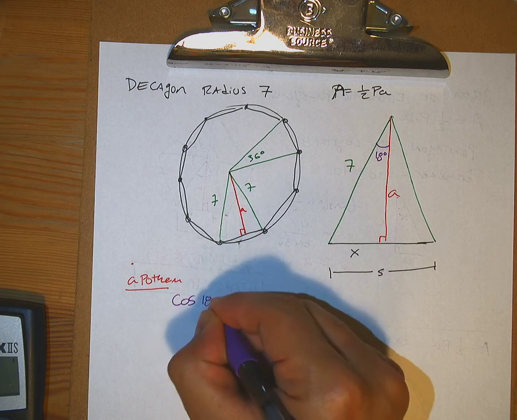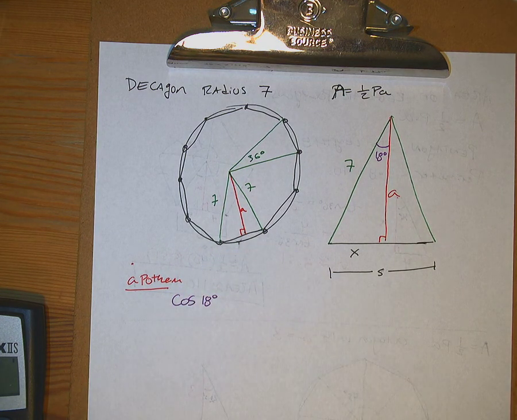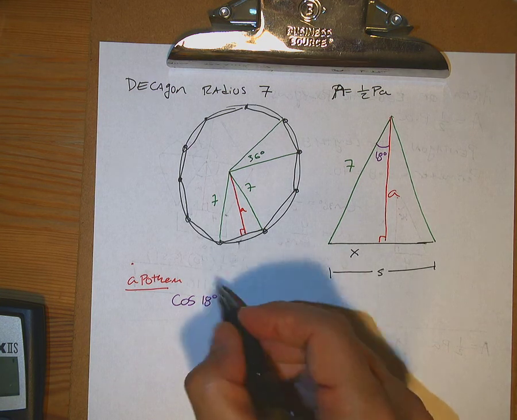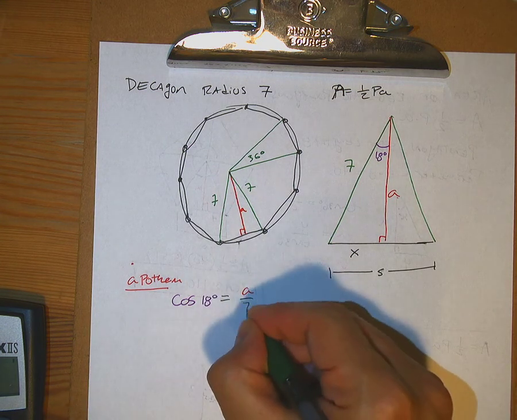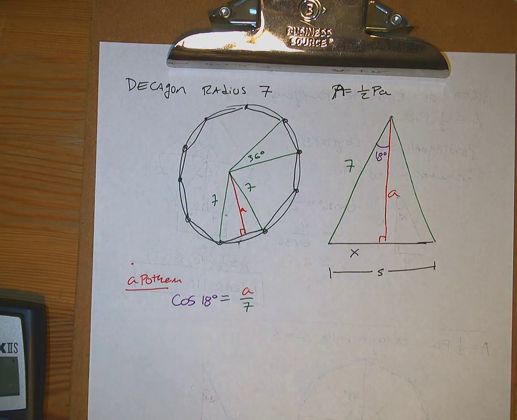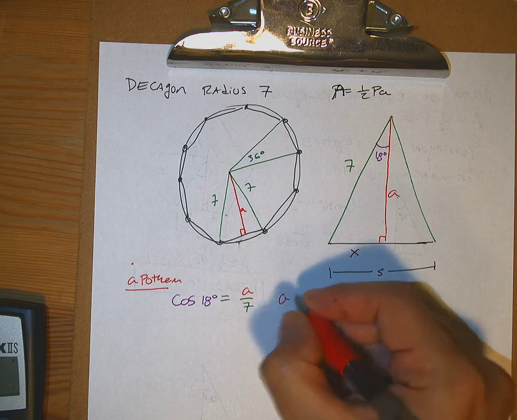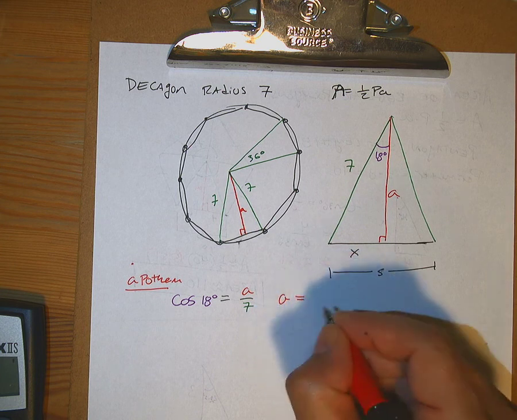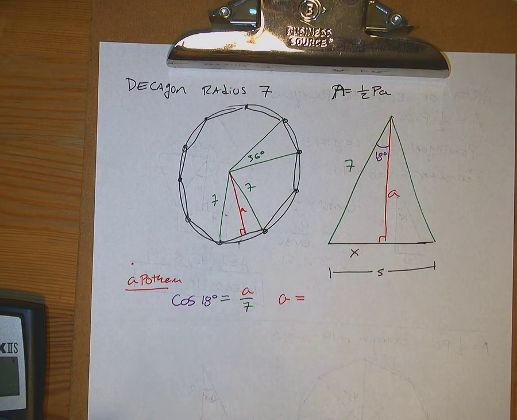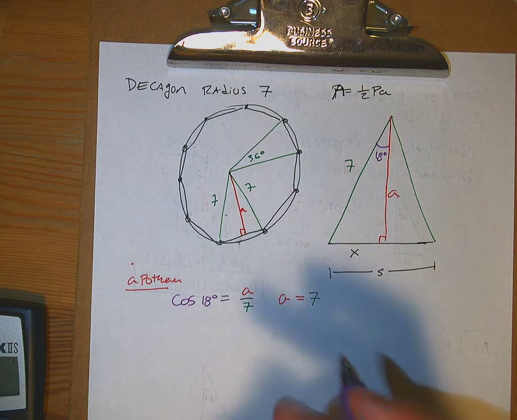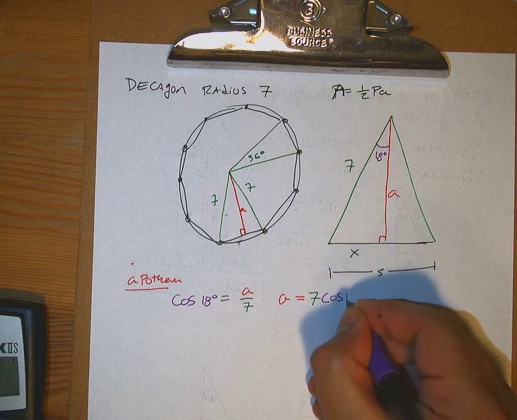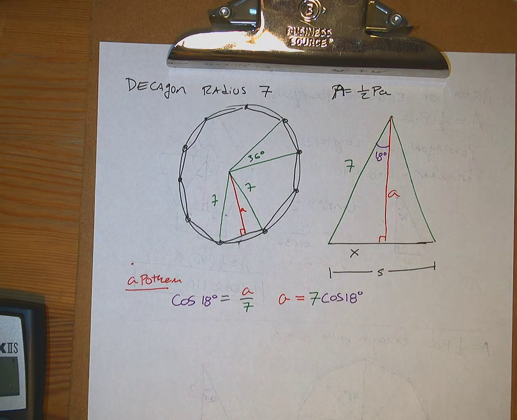Cosine of 18 degrees is equal to the apothem over 7. And that means I'm going to multiply both sides by 7. And I'm just going to write it like that. That A is equal to 7, the radius, times the cosine of 18. I'm going to keep that just the way it is. I could find that if I wanted to, but I'm just going to hold on to it just like that.